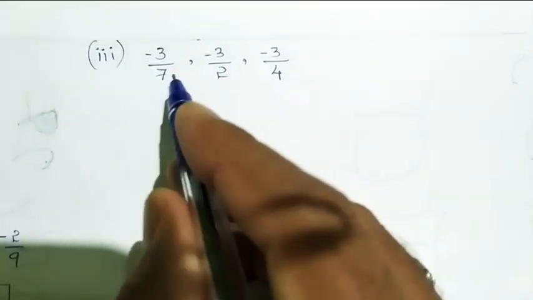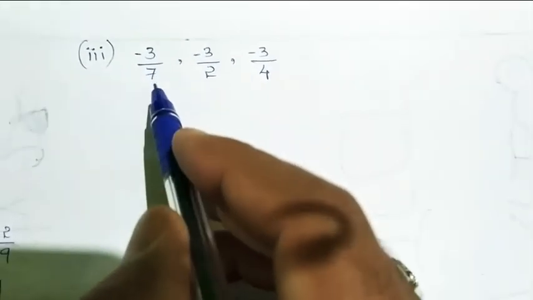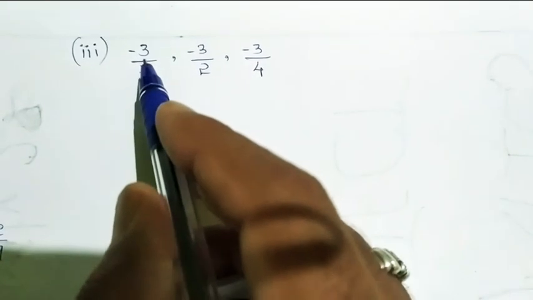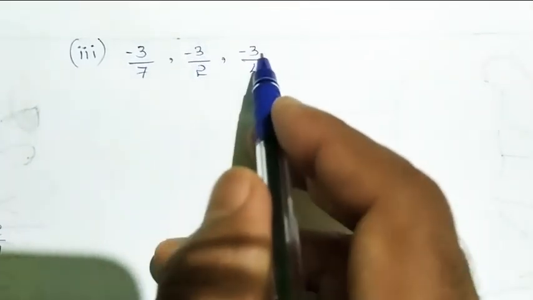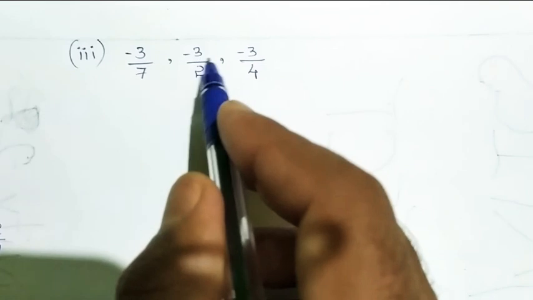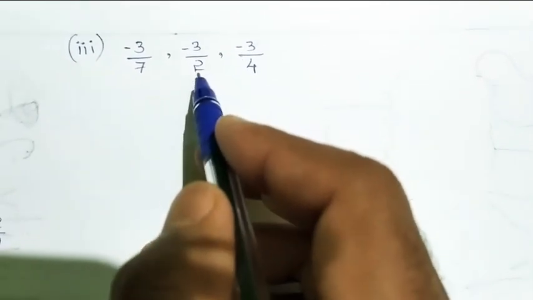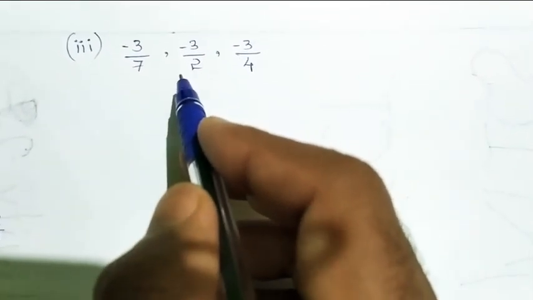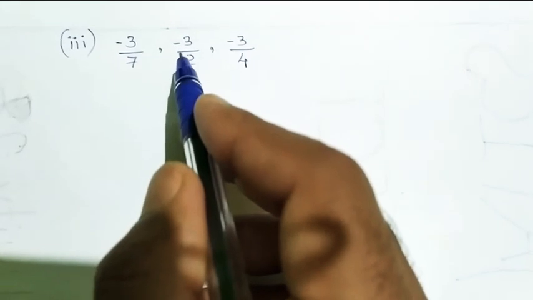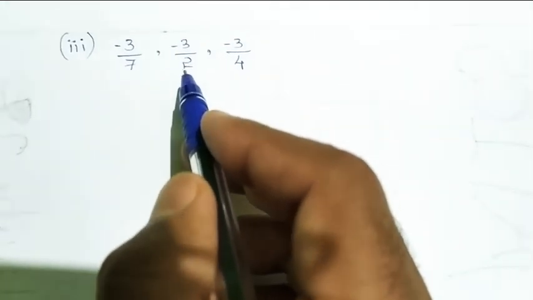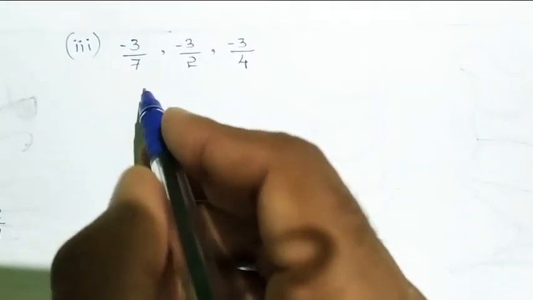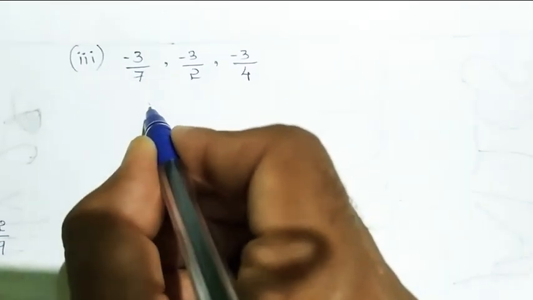Third one, observe carefully, the given rational numbers have the same numerator. If they have the same numerator, then in the negative, the number with the smaller denominator will be the smaller number.